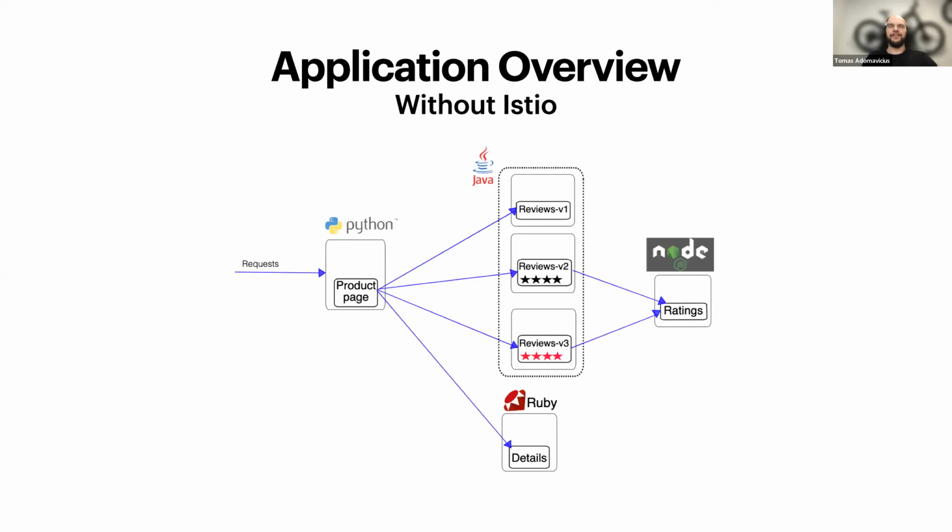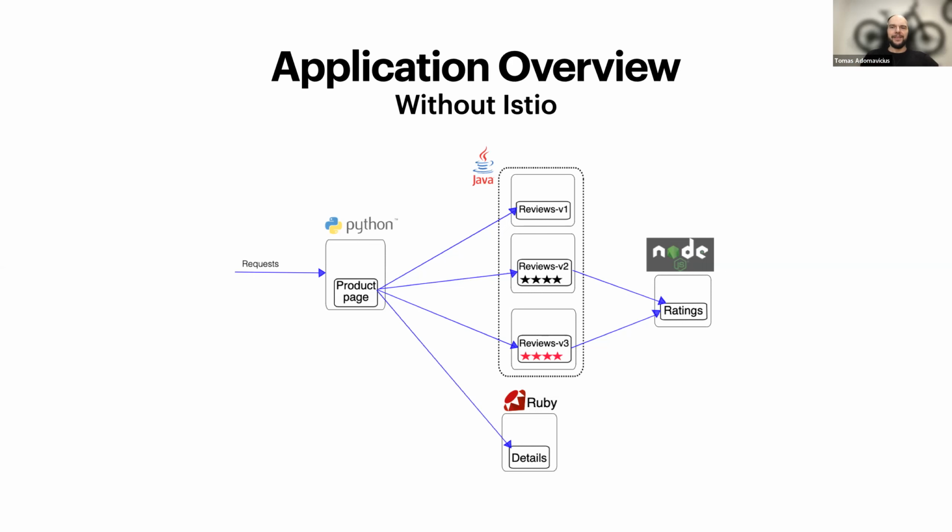So it's a polyglot application. It uses Python, Java, Ruby, and Node.js, just to show that there's no code changes needed when you want to flow or shape the traffic to different versions of your services, and Istio doesn't care what your application is as long as it's a container.